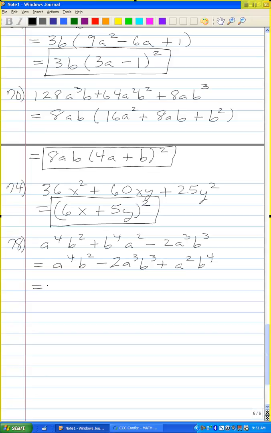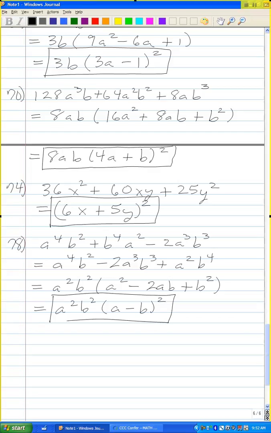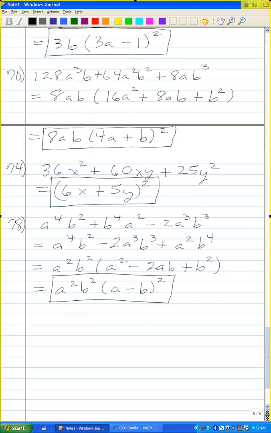So let's factor out an a squared b squared. So what remains is a squared minus 2ab plus b squared. And, well, what's in the parentheses is a perfect square trinomial. It's actually the same form that I gave you in the formula. Let me do problem number 80.